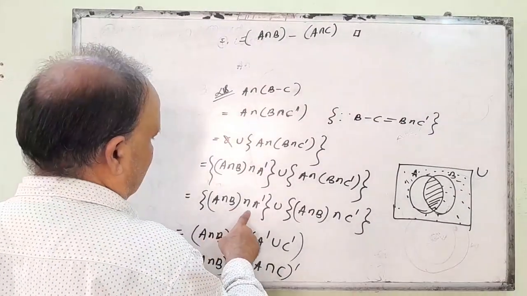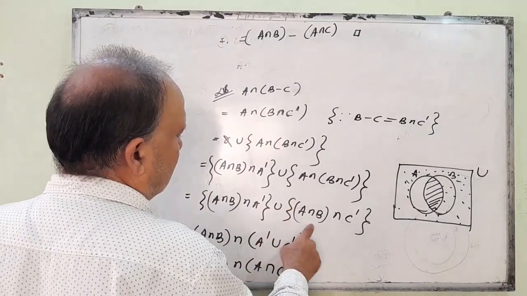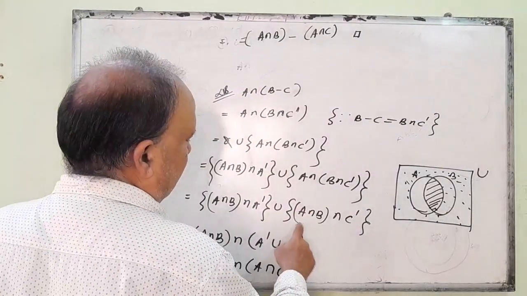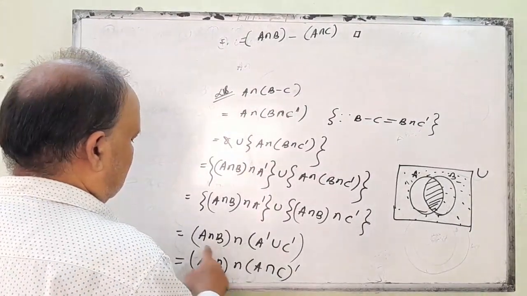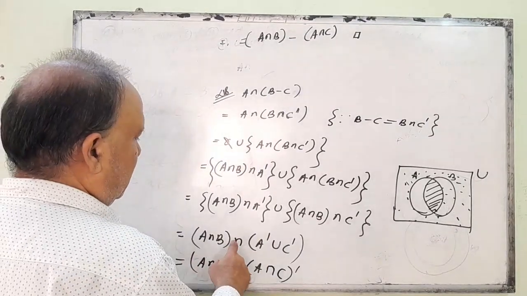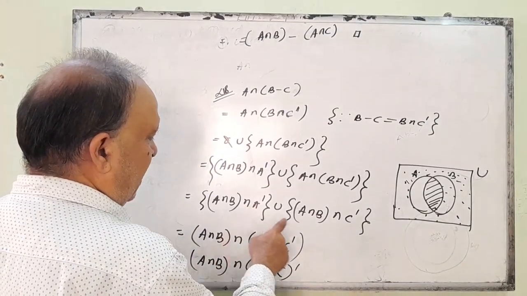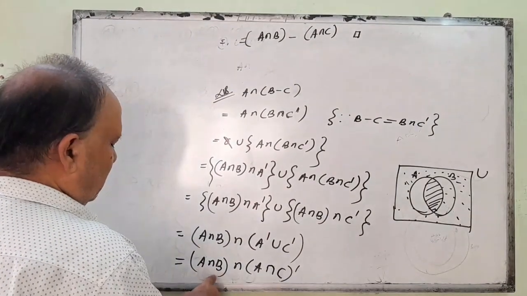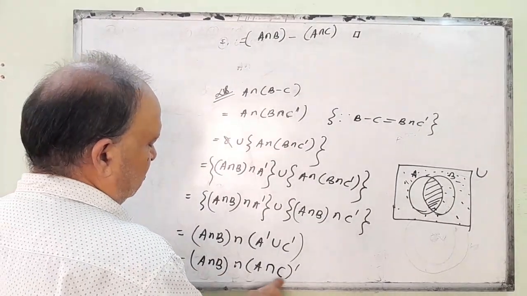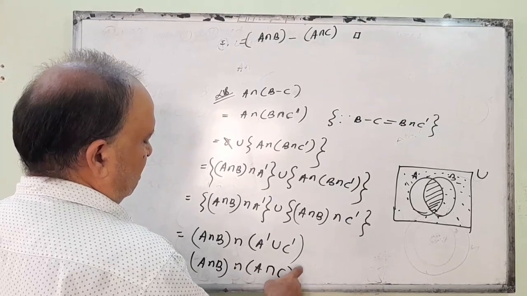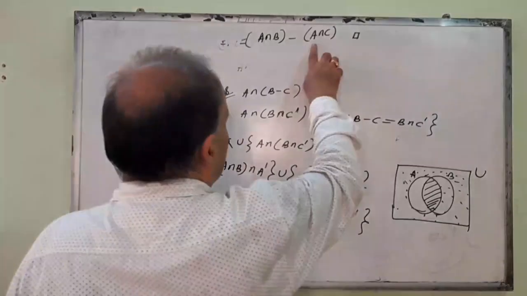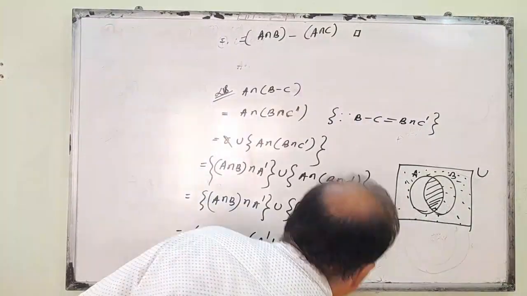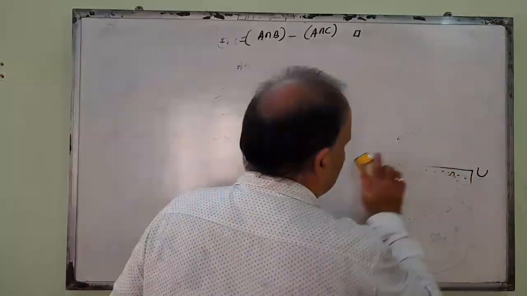Applying the associative property and the reverse distributive law, A intersection B intersection (A dash union C dash), and by De Morgan's law that is equal to (A intersection B) minus (A intersection C). This proof is over.